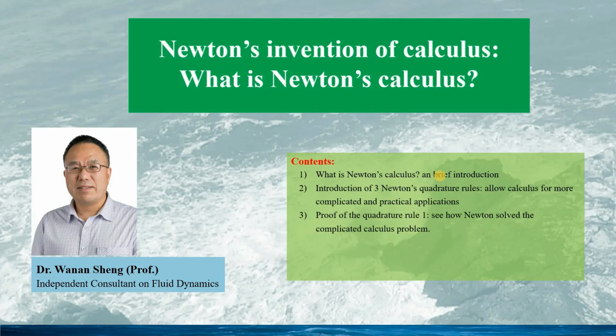In the proof of quadrature rule 1, we will see how Newton solved the complicated calculus problem. And then the application of Newton's binomial series, which simplifies the complicated problem for calculus, and the summary of Newton's calculus: what problem Newton solved or what breakthroughs Newton had made for calculus.